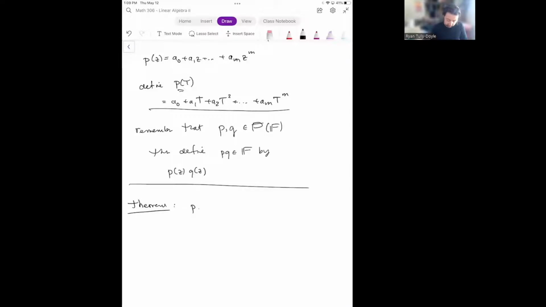If we have two polynomials, p and q, and we have an operator T, then we have the following. (pq)(T) is equal to p(T) q(T), and p(T) q(T) is equal to q(T) p(T). So this means that this is commutative.